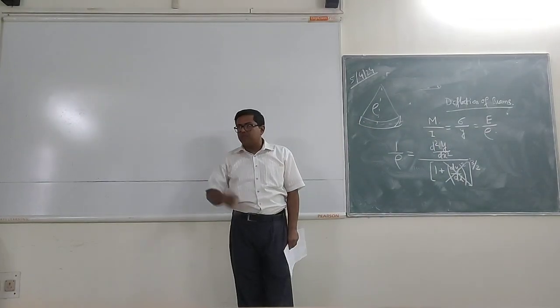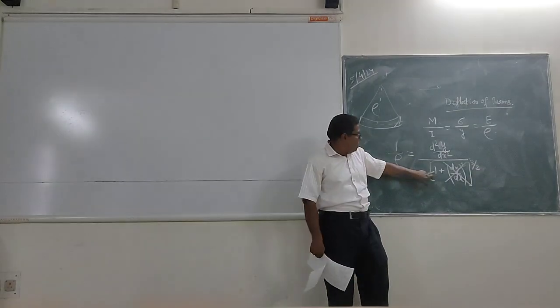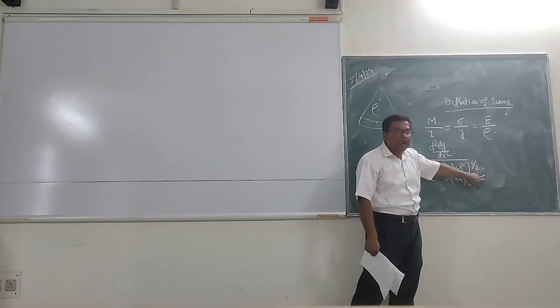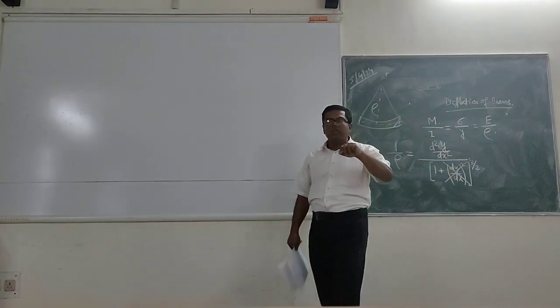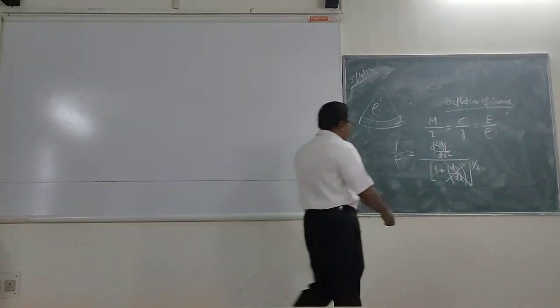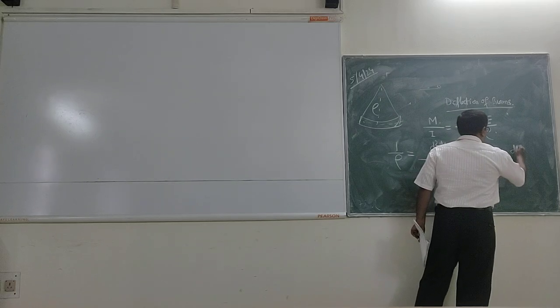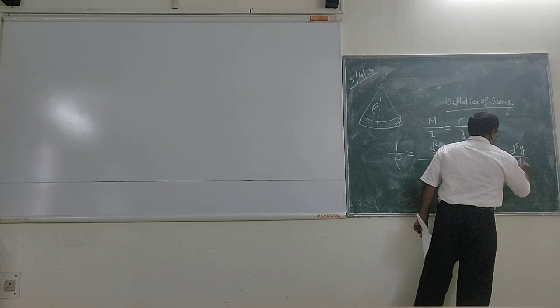Because it is very small, what will happen to the denominator? The denominator will have 1 to the power 3 by 2. So what is 1 to the power 3 by 2? It is equal to 1. Right?